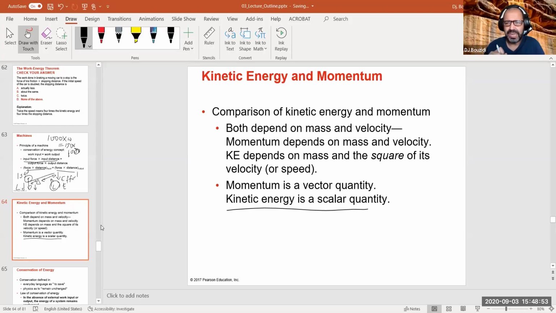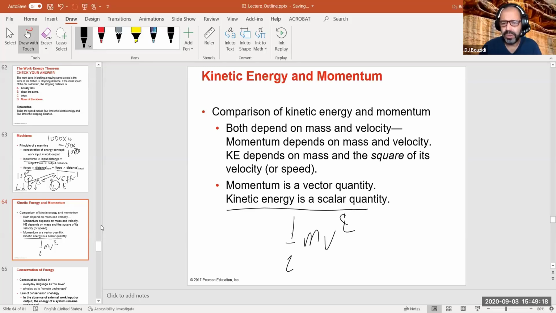The difference in kinetic energy may be negative. You may start with a kinetic energy and end up with no kinetic energy, so 0 minus something is always negative. But the quantity by itself, at a given point, is always greater than 0, because it's 1/2 mass times velocity squared.